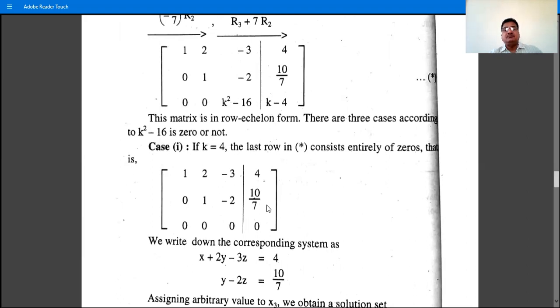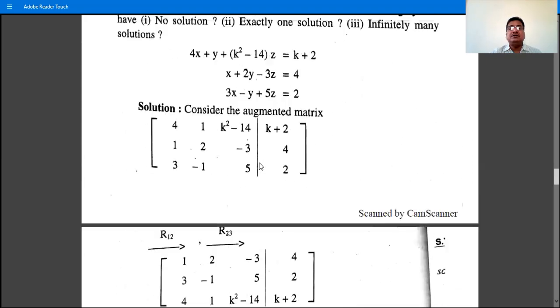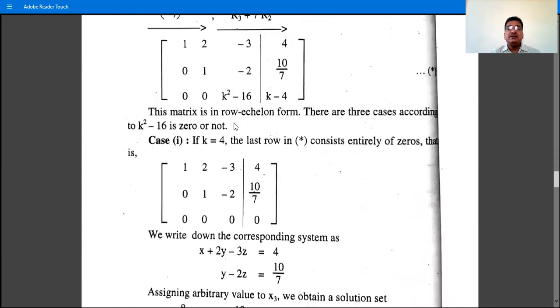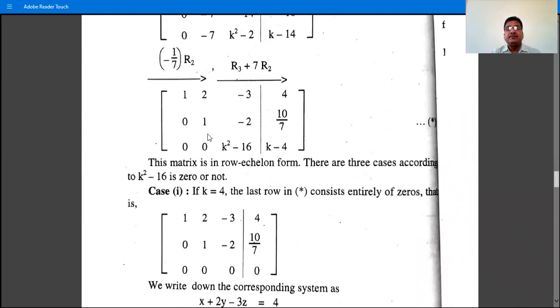Okay. And now we have to find the answers to these questions: for which value of k the system has no solution. The system has no solution if the rank of A is not equal to the rank of AB.